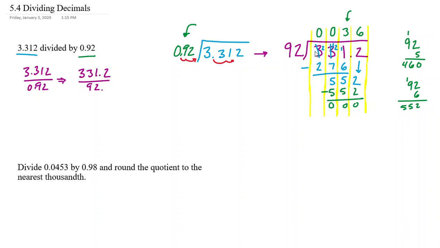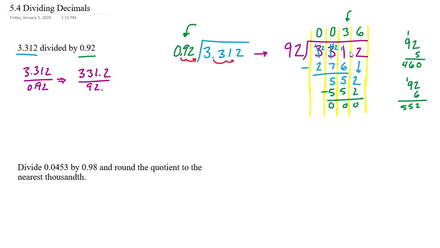So 92 goes into 331.2 exactly. 92 goes into 3,312 exactly 36 times. But that's not what the question is saying. The question is saying how many times does 92 go into 331.2?